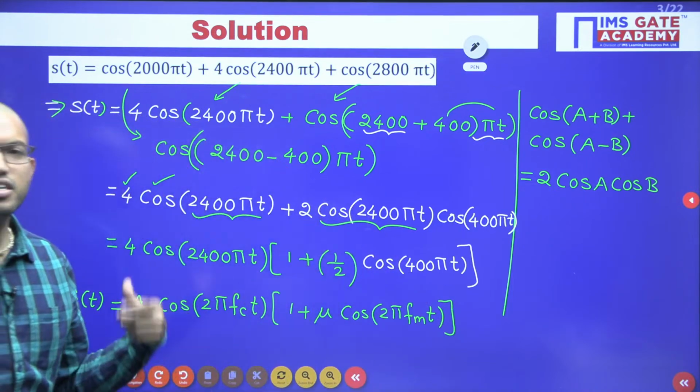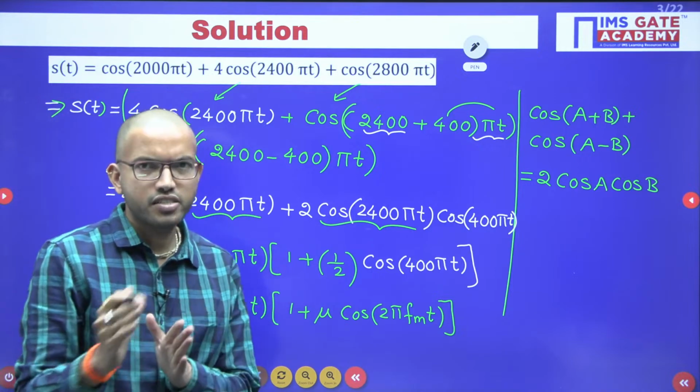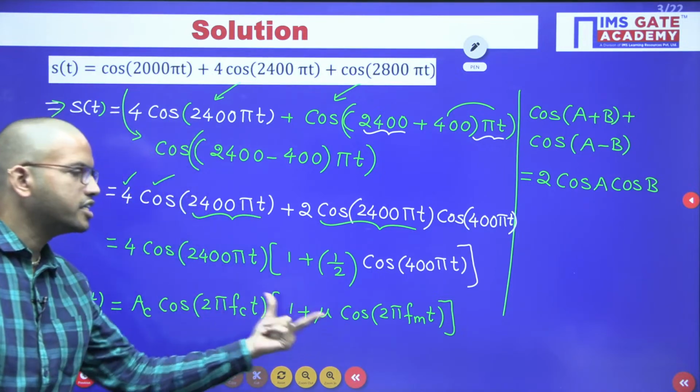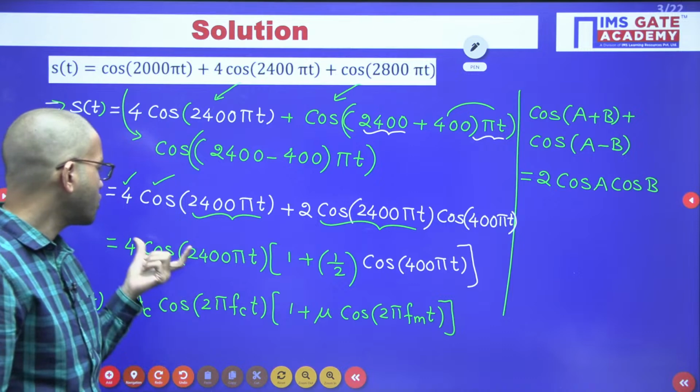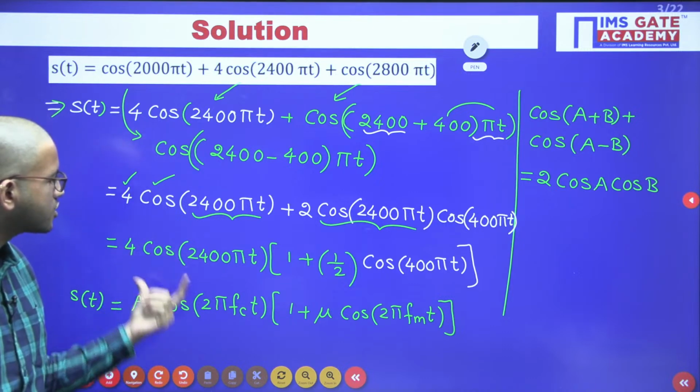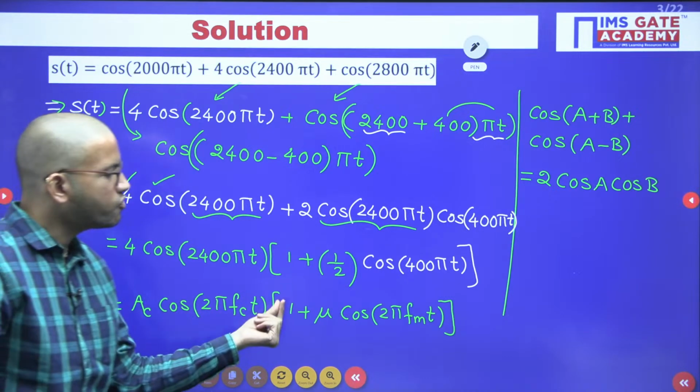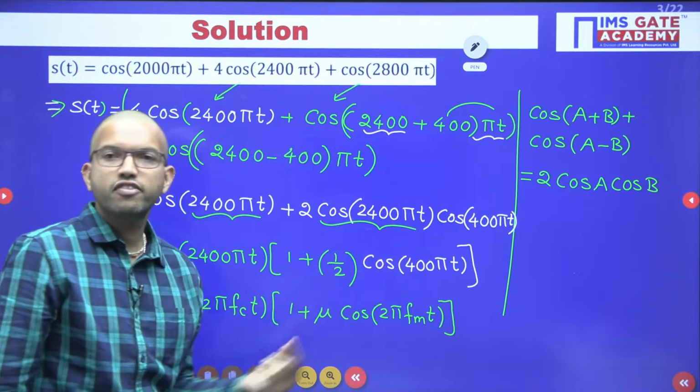See, we are having the standard equation of AM in various forms. This is one of the standard equations.